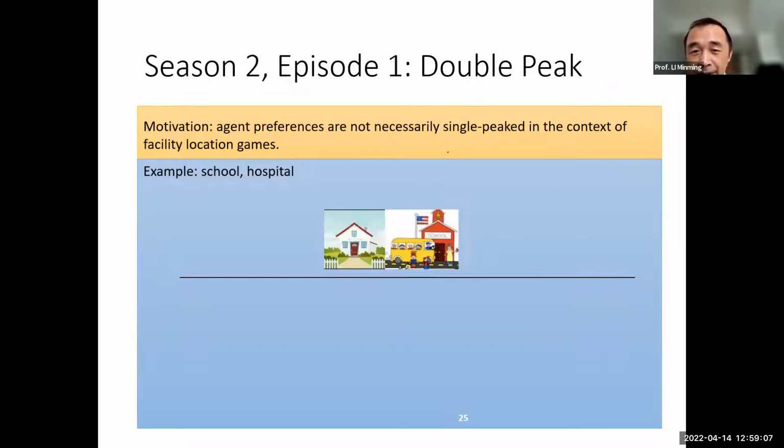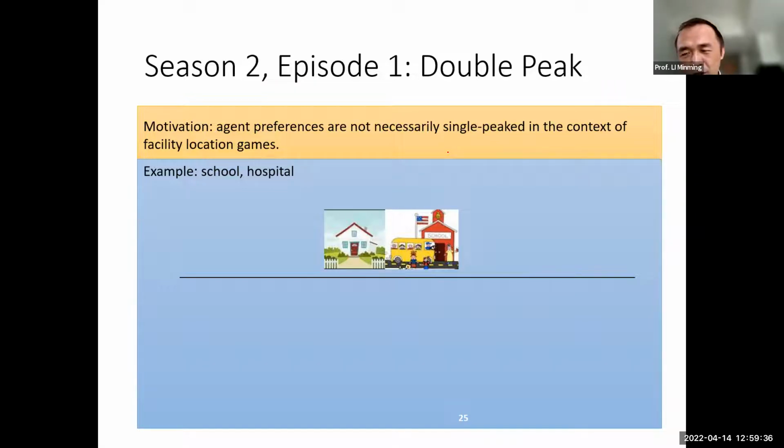Now, what is double peak? Here we are using a school, but usually I would also use a hospital as an example. If I say I want to build a hospital in your neighborhood, do you want the hospital to be close or far away? Many of you say close. Any objection? Wing Chun said close, but not too close. Why?